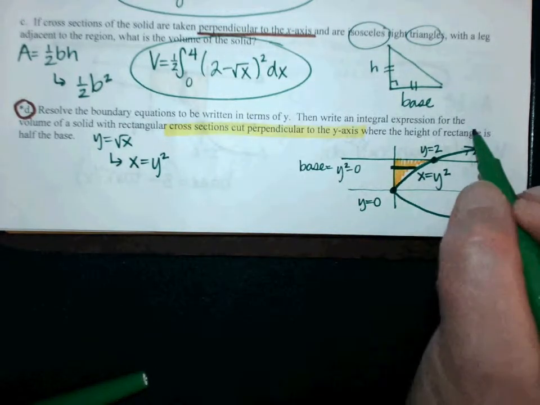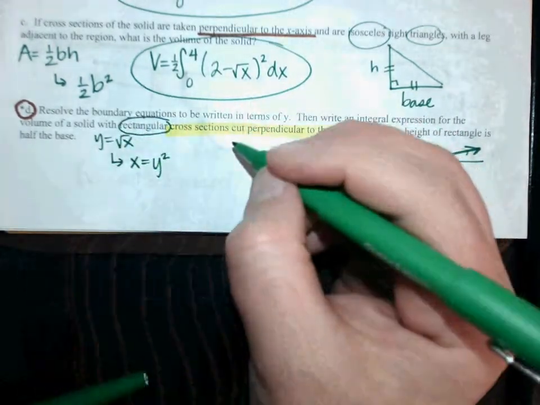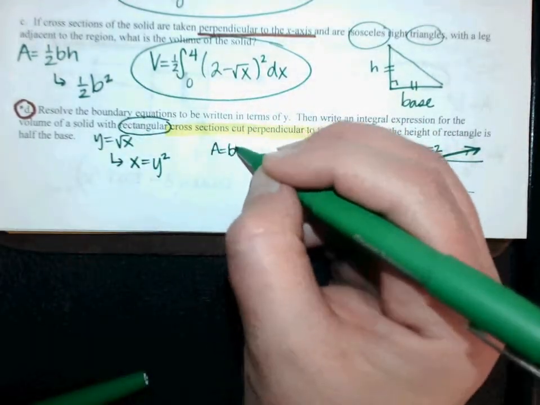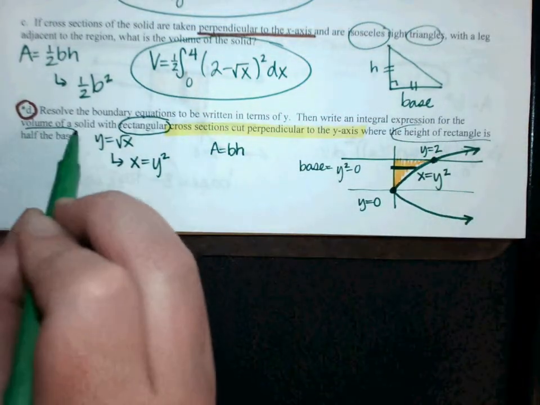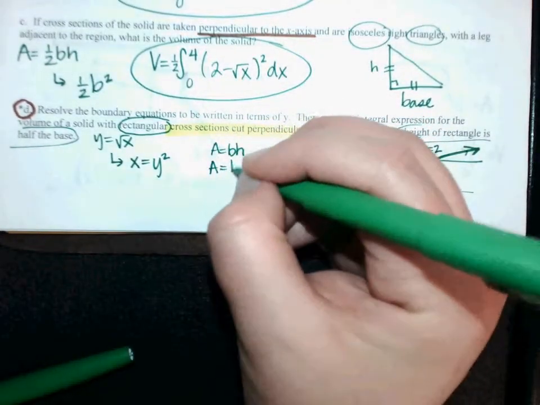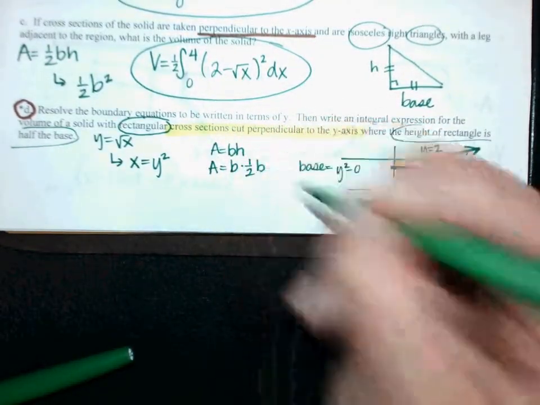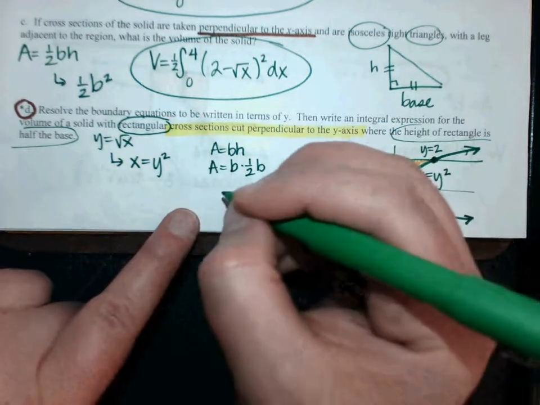Now, it says I want a rectangle. Okay, rectangular cross section. So area is base times height. Okay, but then it says the height is half of the base. So that means that my area is going to be base times half the base, which will be what? 1/2 b squared.